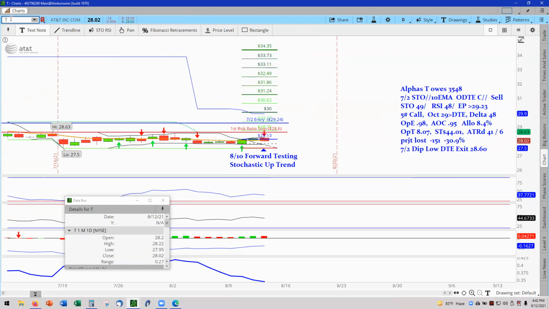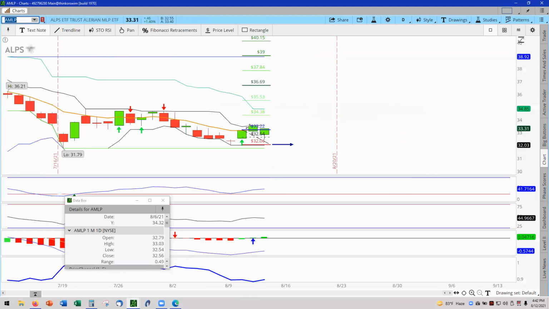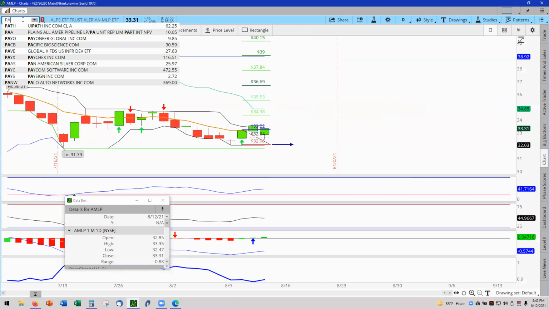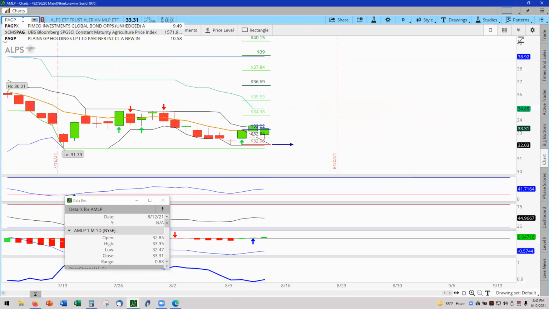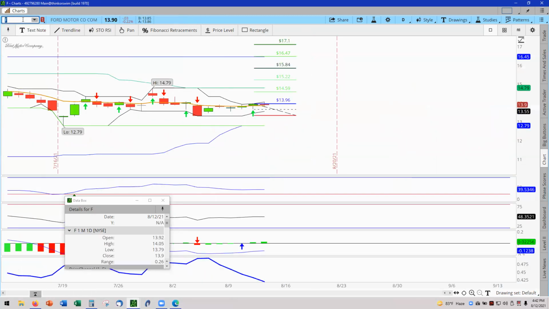Okay, so let's go on now to AMLP, American Limited, I think they're called, still in the initial, and PAGP, and it's also still in this initial. Okay, and then F for Ford.